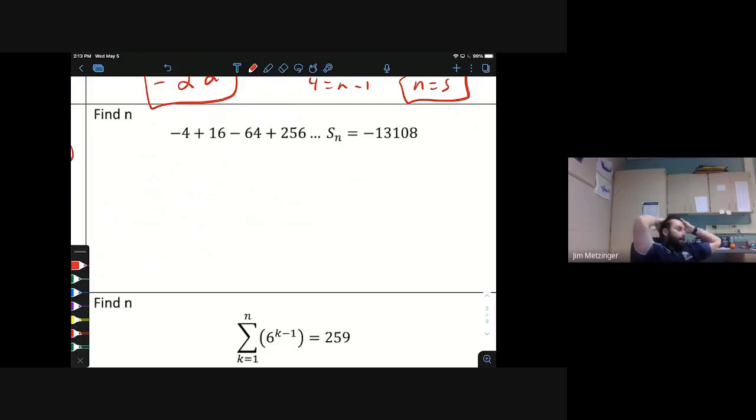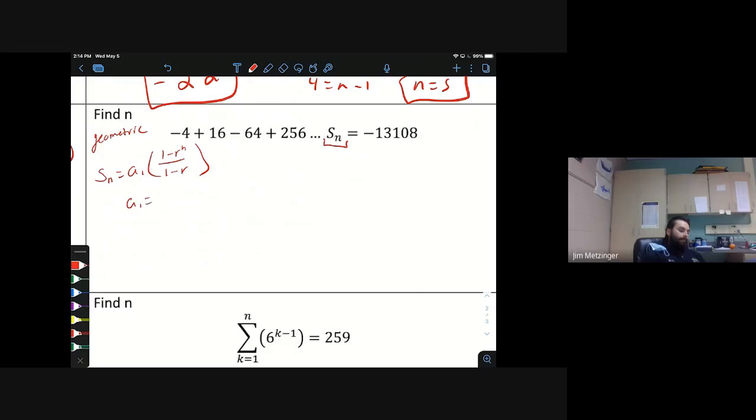Well, looking at the pattern, -4, 16, -64, we're multiplying, it's geometric. Finding n, I see a sum value there. I'm going to write my geometric formula for a sum. A1 times 1 minus r to the n over 1 minus r. Find our information.